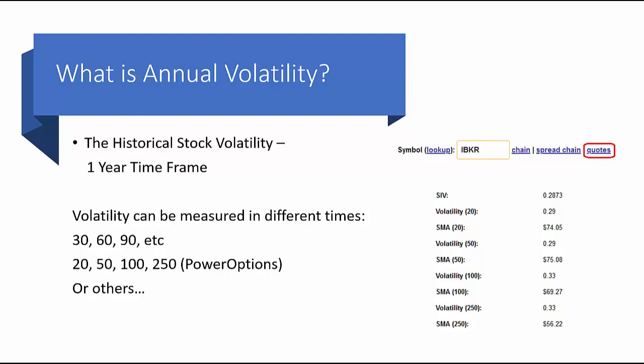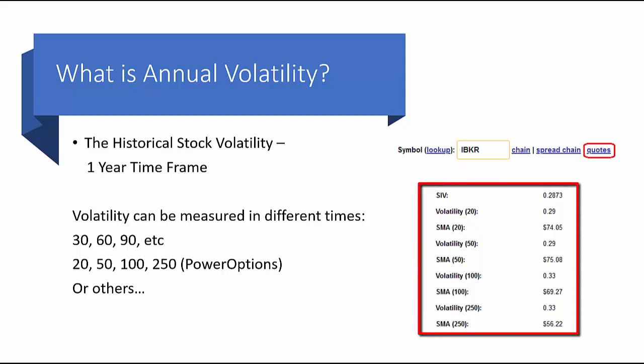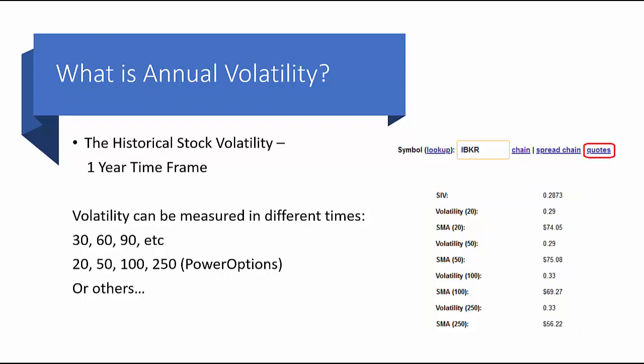You may see at your broker or another service mention of a 30, 60, or 90 volatility. On the stock quotes page in PowerOptions, we show you the volatilities for the 20-day, 50-day, 100-day, and 250. Of course, there may be other shorter-term ways that volatility is calculated, and even longer-term ways as well.